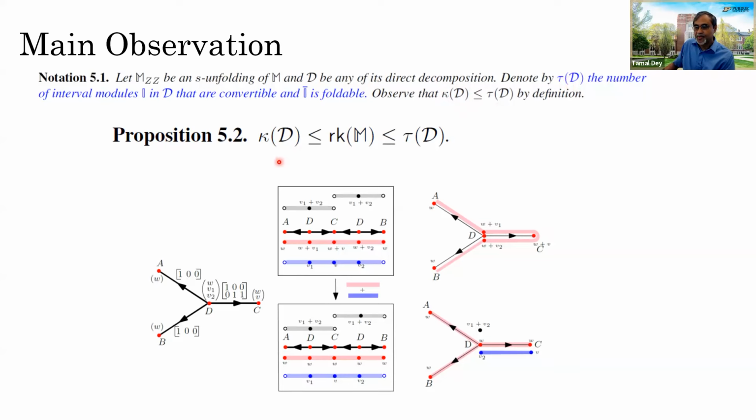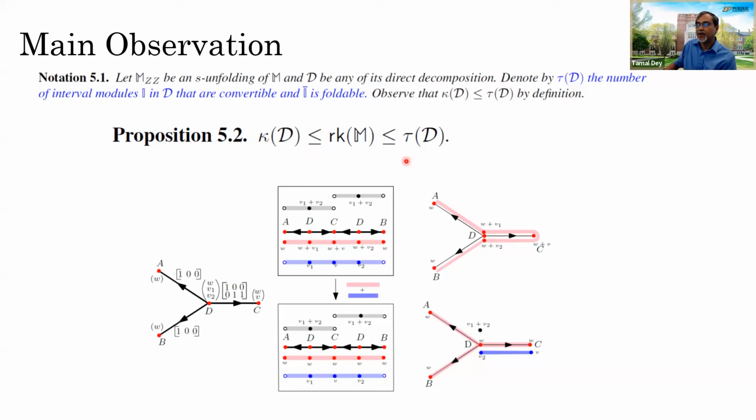Now, one of the main propositions one can prove is that the actual rank of the original module M is sandwiched between these two numbers: the number of complete modules in the decomposition, and the number of modules which I can convert to complete modules. Remember, by the definition of tau D, if a module is already complete, it is also convertible. So the rank is sandwiched between these two numbers.